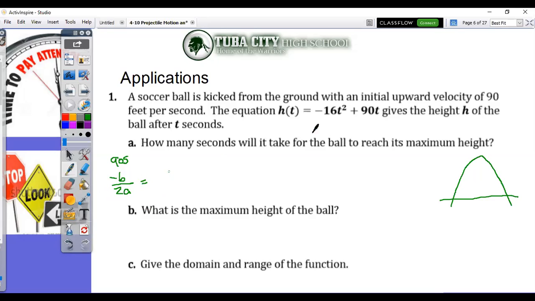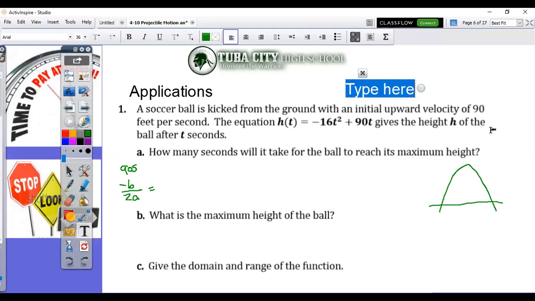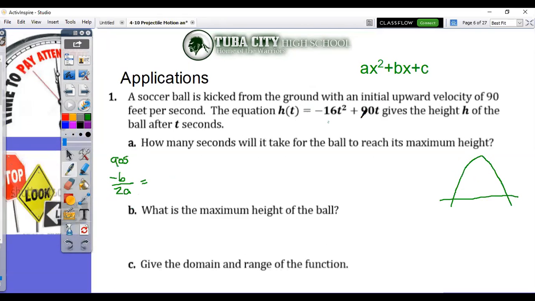And let's go ahead and start plugging in some of our numbers. In this case, we need our standard form, which is ax squared plus bx plus c. In this case here, we do not have a full standard form because we don't have a c value, right? We have a t squared and a t, well, actually it'd be x.